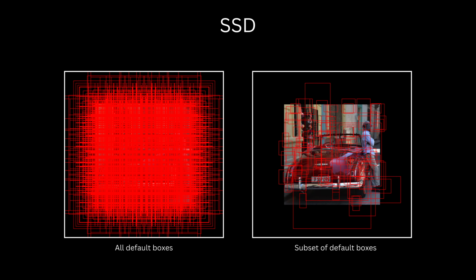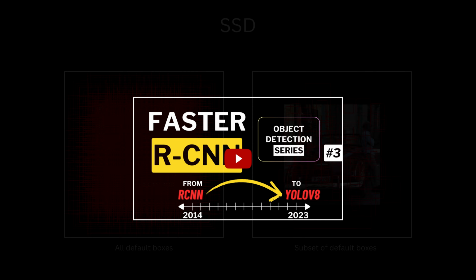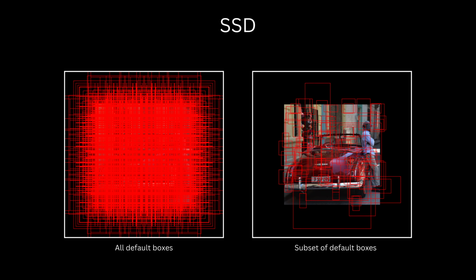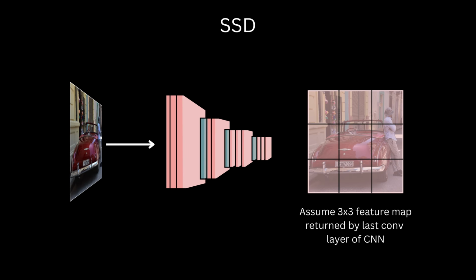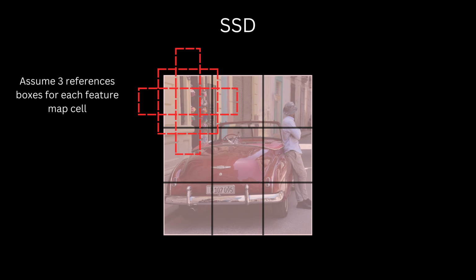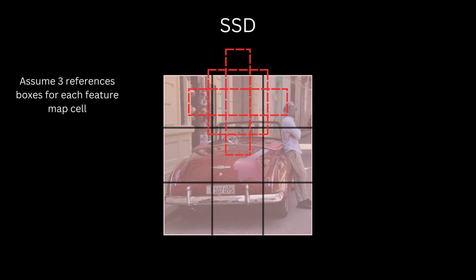If you aren't familiar with anchor boxes, then do watch the Faster RCNN video first, where I talk about anchor boxes in detail. Given that default boxes of SSD are exactly like anchor boxes of Faster RCNN, let's start with what we do in Faster RCNN and see how SSD's approach is different. In Faster RCNN, rather the RPN of Faster RCNN, we had a backbone which was VGG16 in implementation, and using the last convolution layer's feature map, we made predictions for a set of reference boxes of specific scales and aspect ratios, centered at the center of each of the feature map grid cells.